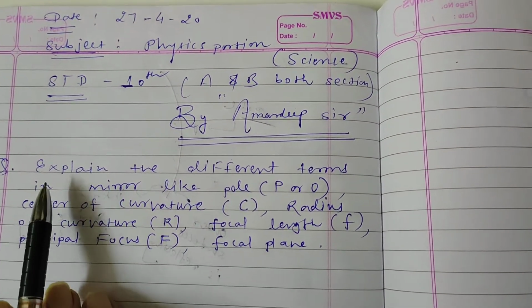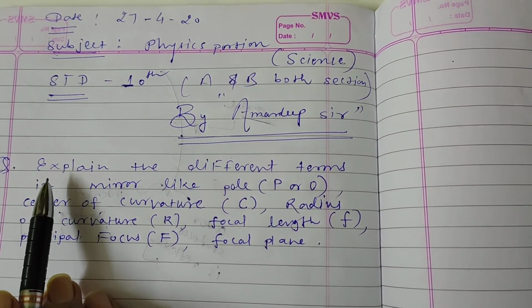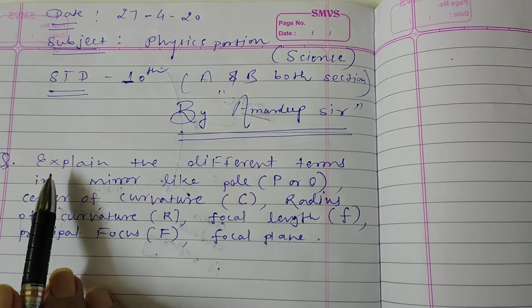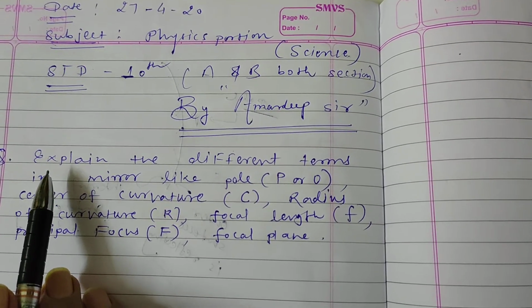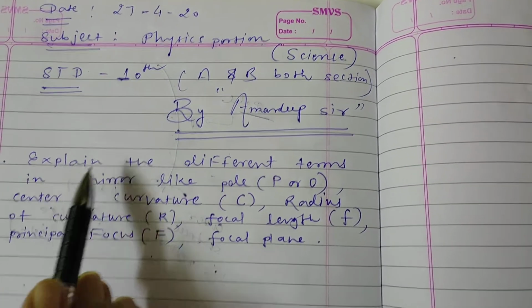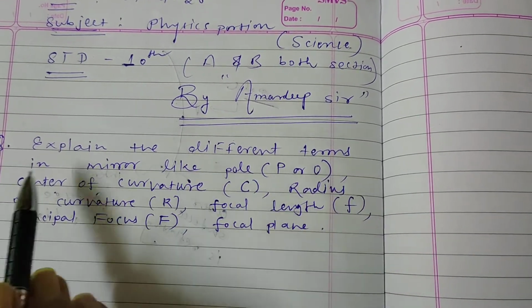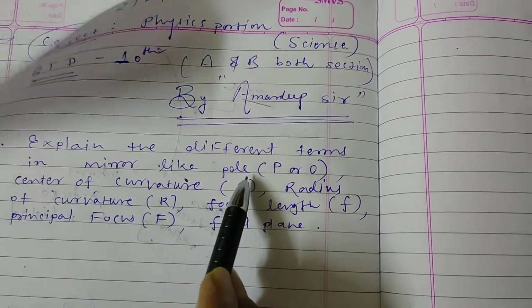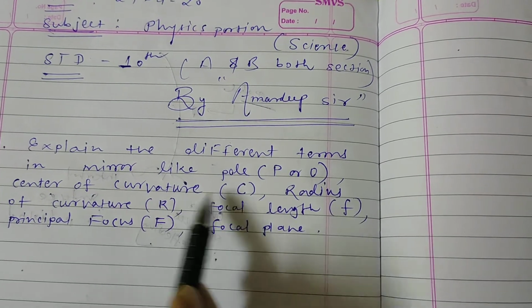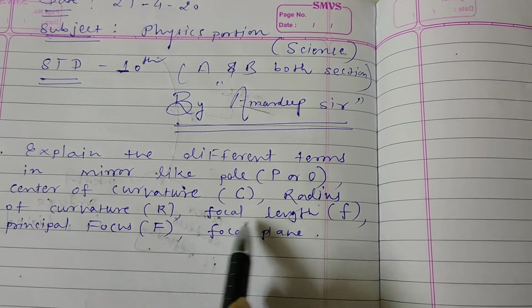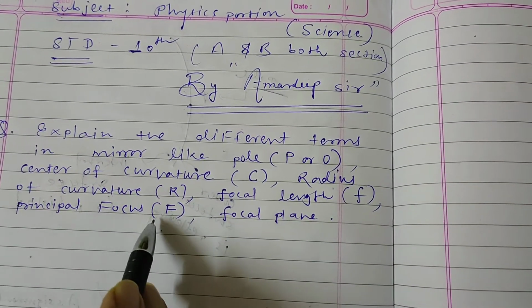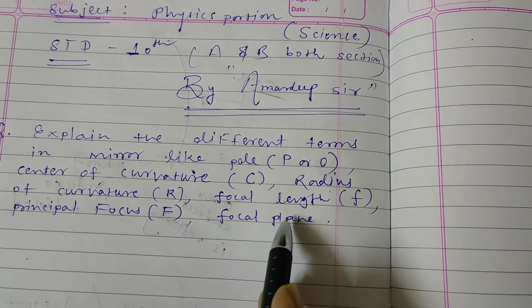Now, the second topic in chapter number 10, reflection and refraction of light, is to explain the different terms in the mirror: pole, center of curvature, radius of curvature, focal length, principal focus, and focal plane.